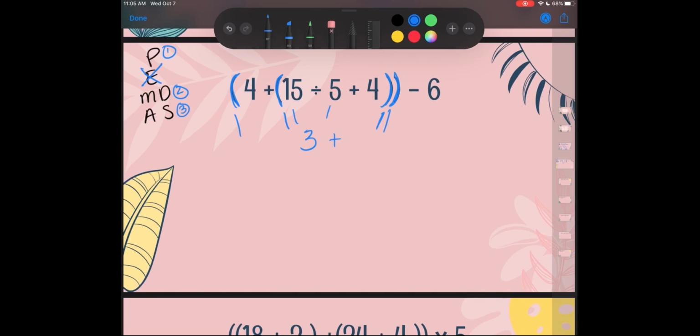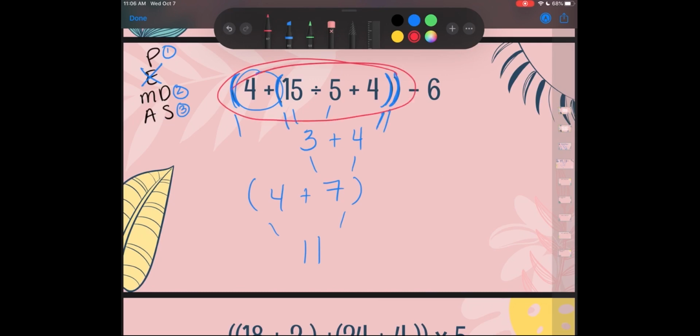Well, 3 plus 4 is 7. So now my parentheses, because I can't forget this 4, now become 4 plus 7. Well, 4 plus 7 is 11. So this whole parentheses right here ended up coming out to 11.